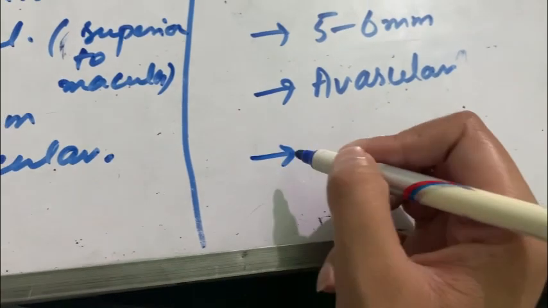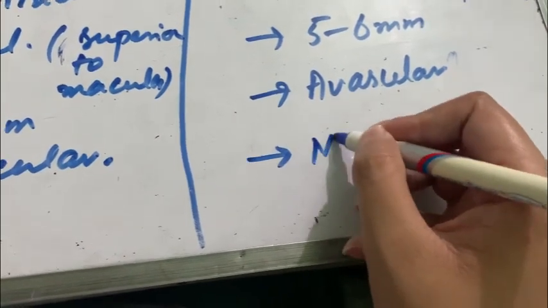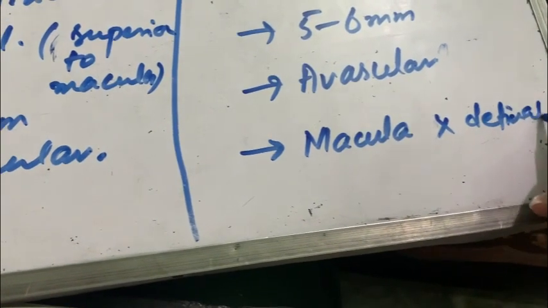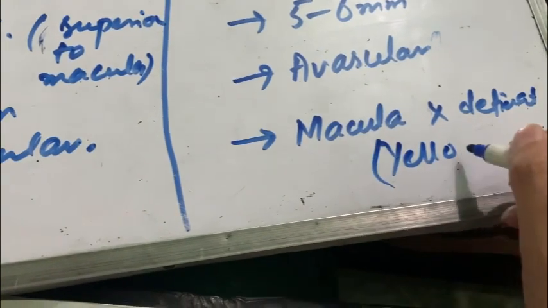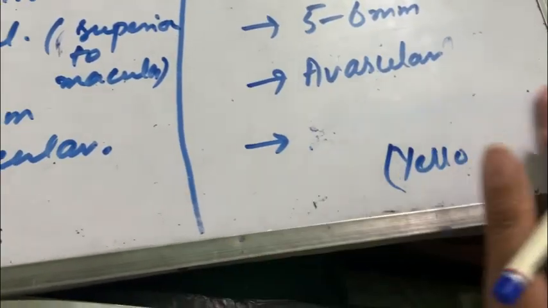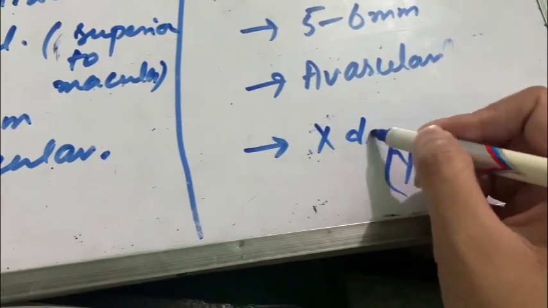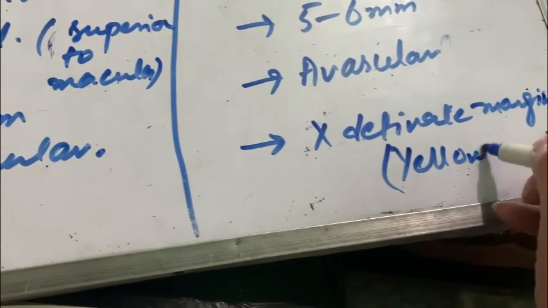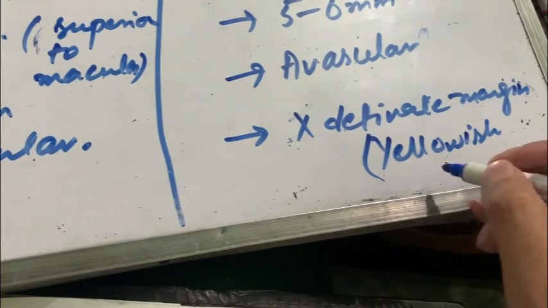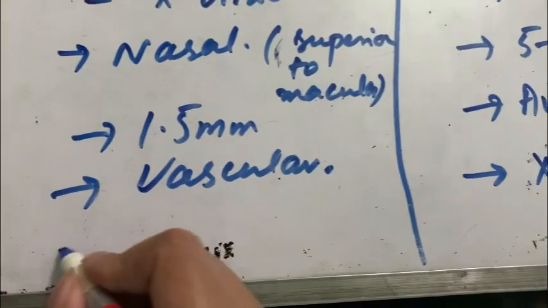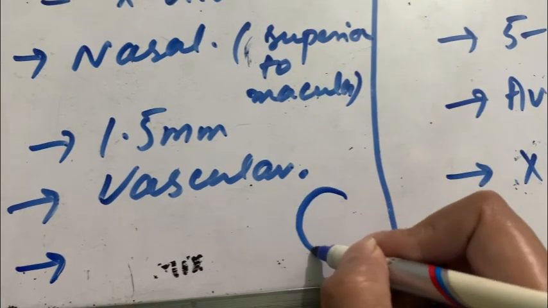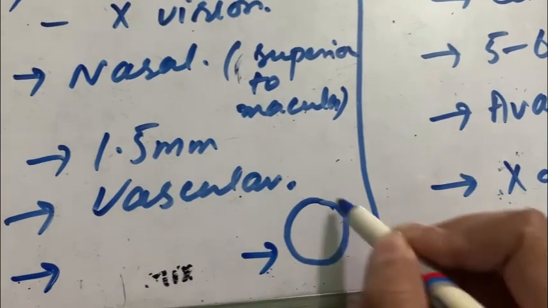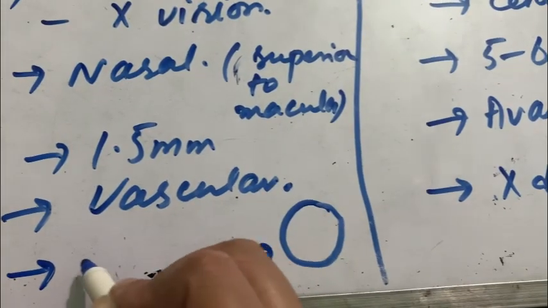The next and the last difference is that the macula basically has no definite margins. It is just a yellowish speck at the center of the fundus, having rods and cones, while the optic disc has sharp margins, like it is a circle that can be seen from the ophthalmoscope, that can be identified as the optic disc.